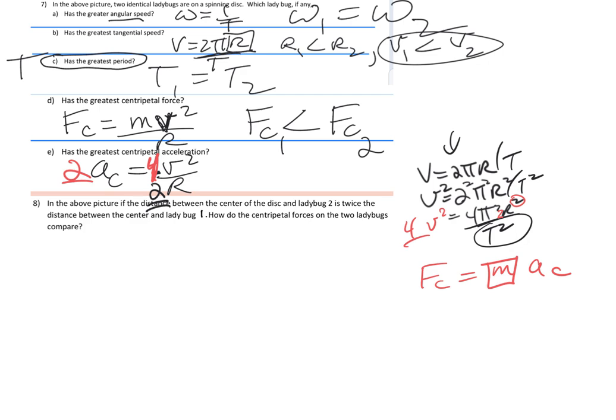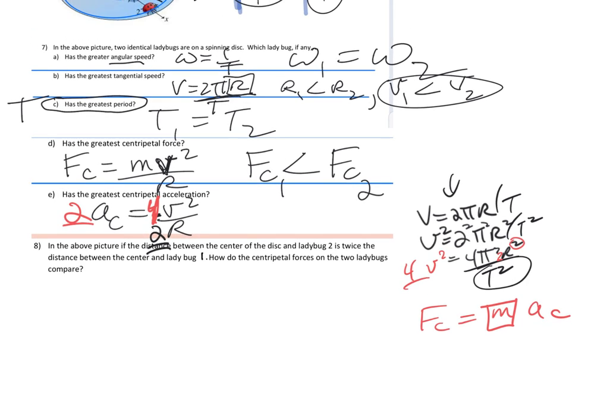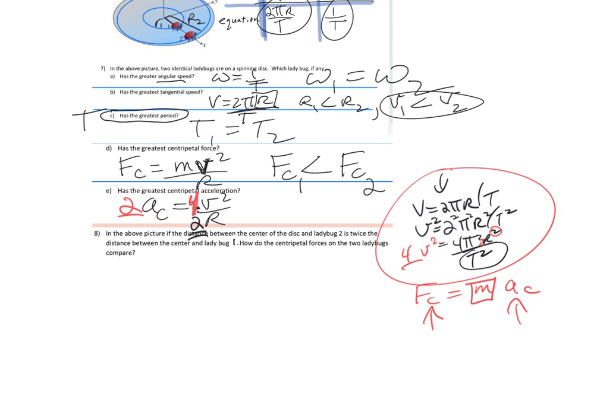So if we already determined that the centrifugal force would be bigger for the second guy, Ladybug 2, AC would have to be bigger. But I actually figured out right here, doing it this way, that it would be twice as big if the radius was twice as much.